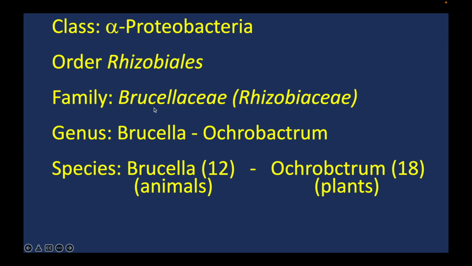This is why the family name, Brucellaceae, or the Rhizobiaceae, as the Rhizobiales in the order, refers to the fact that it's more of a plant-type bacterium. And that's all within this class of alpha-Proteobacteria.